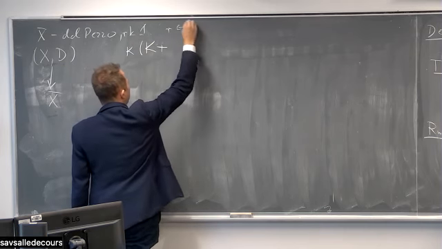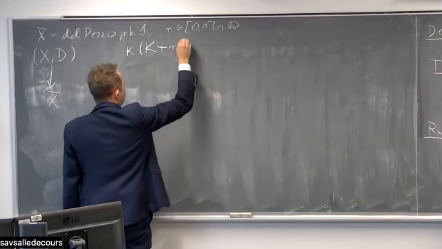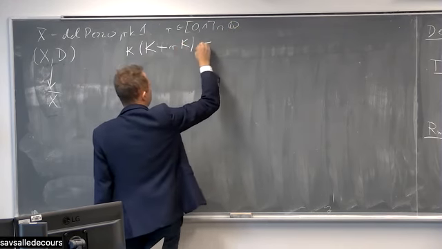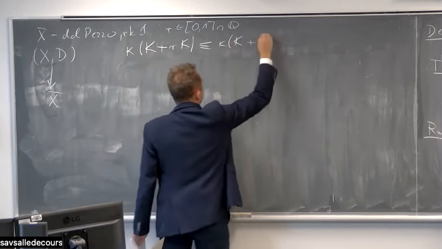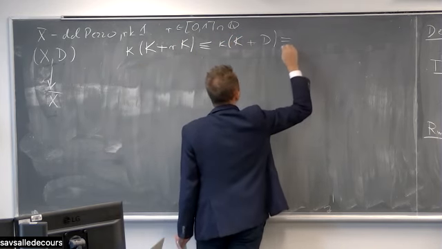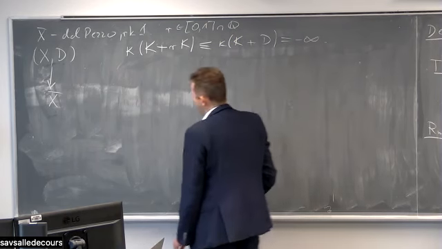But let me pick any number between 0 and 1. If I compute that, then it's clearly less or equal than the Kodaira dimension of K plus D, and this is negative. Fine.